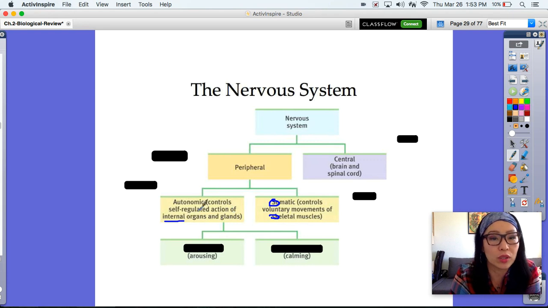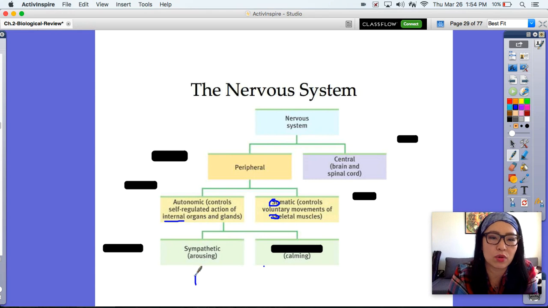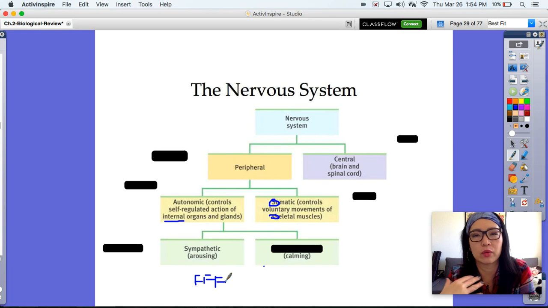Okay, and then to make it even more complicated, underneath the autonomic, we have the arousing part, which is going to be sympathetic. So sympathetic is not only arousing, but it's also your fight, flight, and freeze component. So we can't help it when we get afraid or feel fearful.